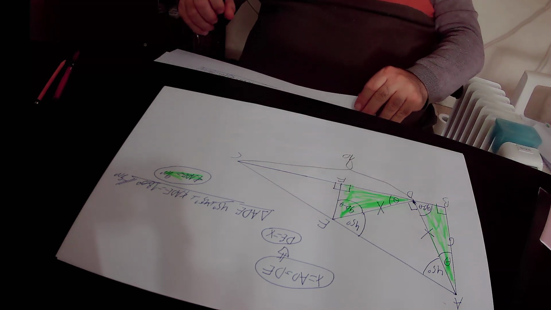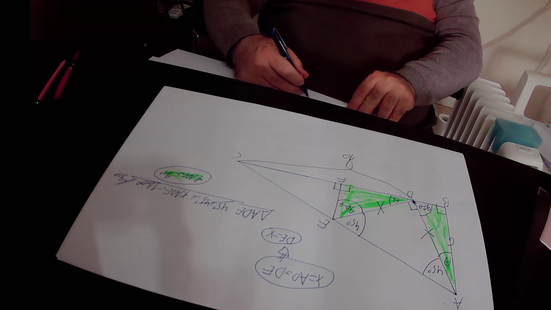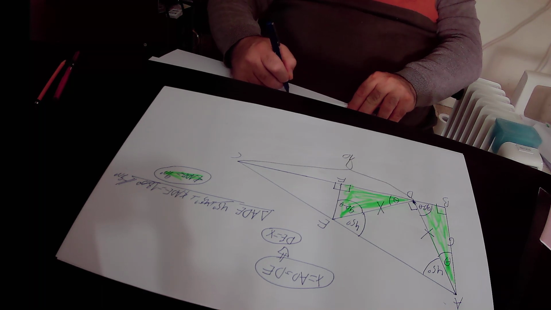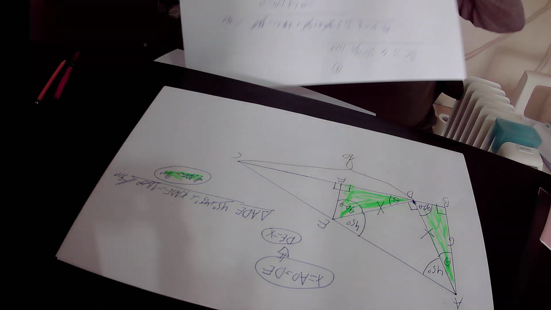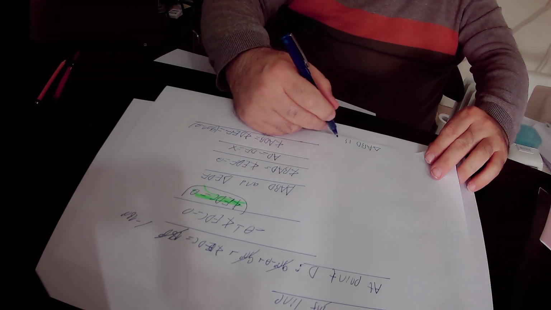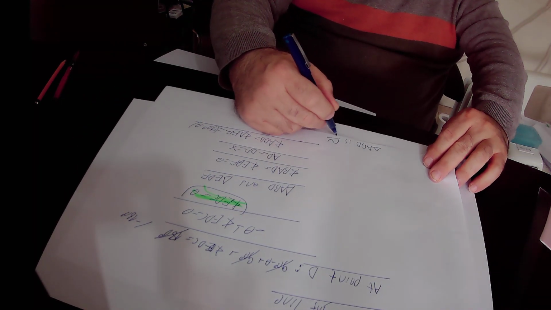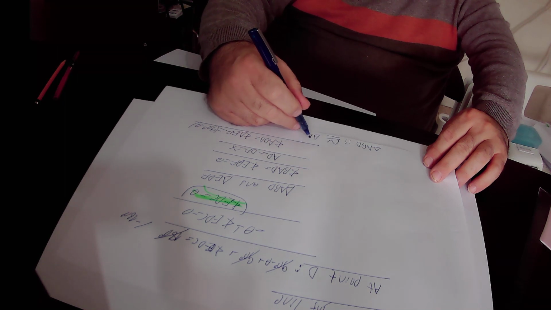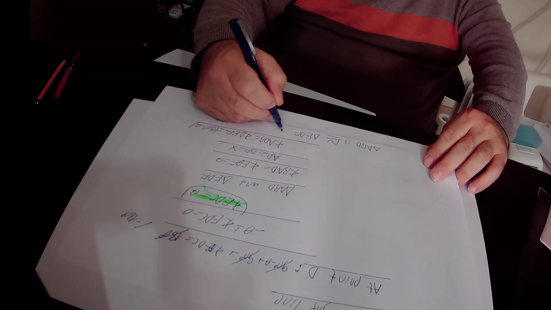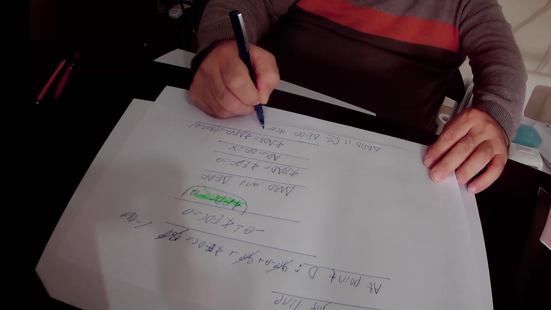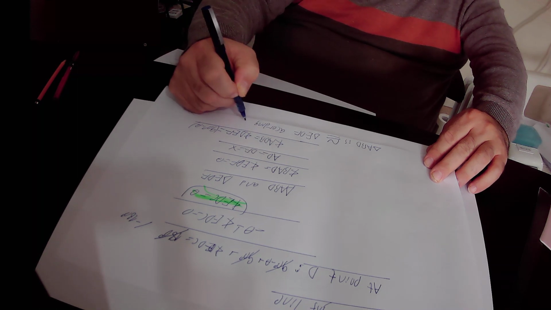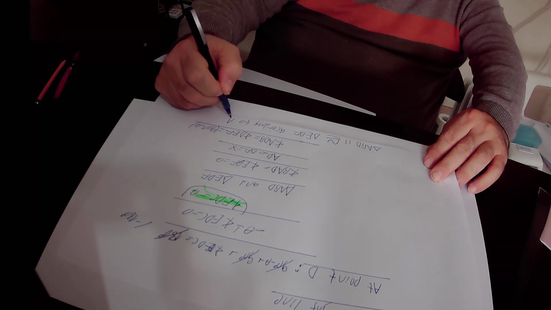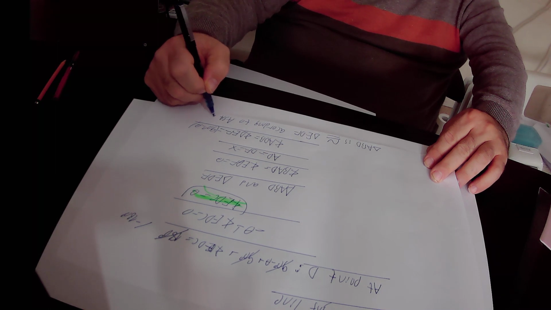So we can write down that the right triangle ABD is congruent, this is the sign of congruent, to the right triangle EDF, according to the angle side angle rule.